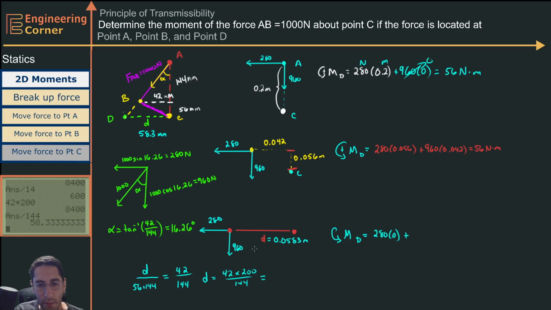And then when we rotate, we see that 960 goes head first. So it's going to be 960 times 0.0583. So we'll multiply this distance by 960, and we get, yes, this is also equal to 56 Newton meters.